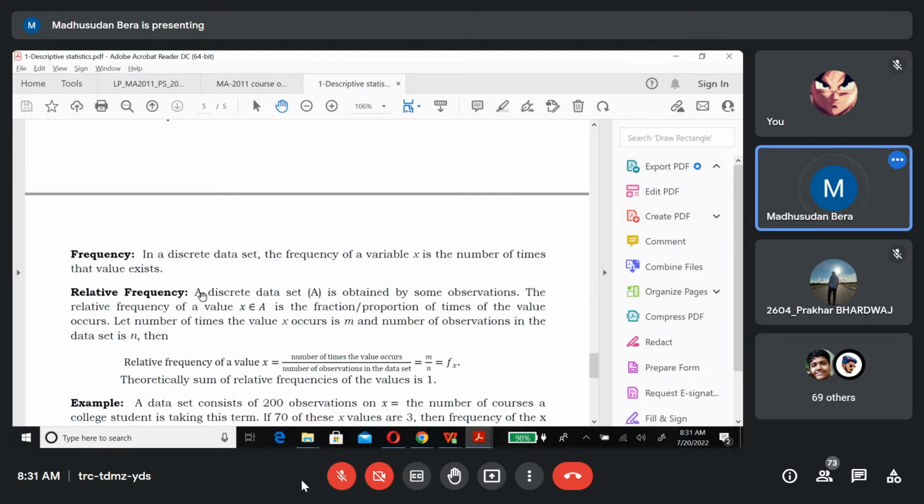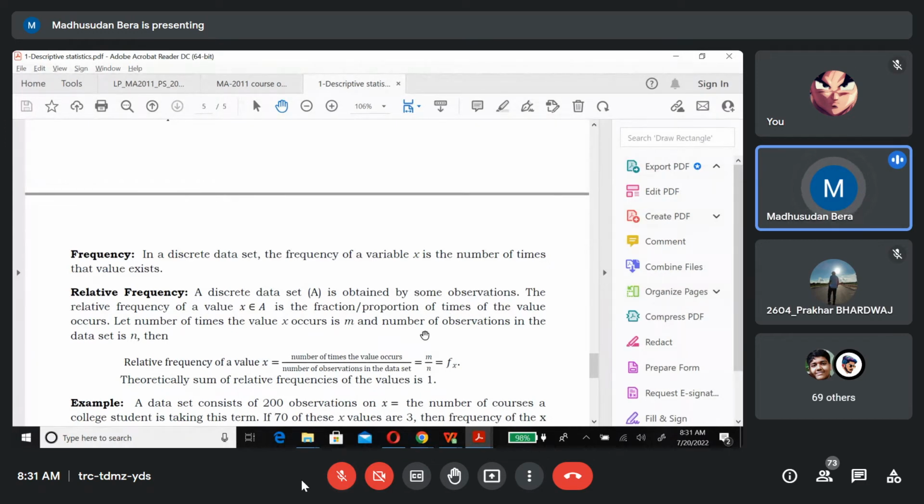A discrete data set is obtained by some observations. The relative frequency of a value x is the fraction or proportion of the time the value occurs. Let the number of times the x value occurs be m and the number of observations in the data set be n. So relative frequency is m by n, which we denote by f of x.